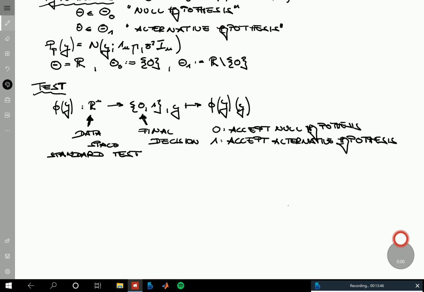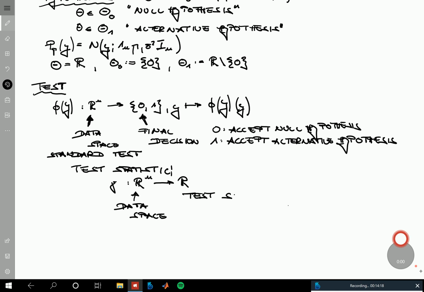We call them standard tests, which comprise a test statistic, which is a mapping from the data space to the test statistic space, which is usually, or for what we are looking at, a subset of the real numbers.